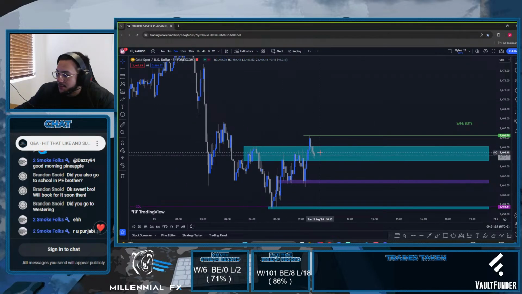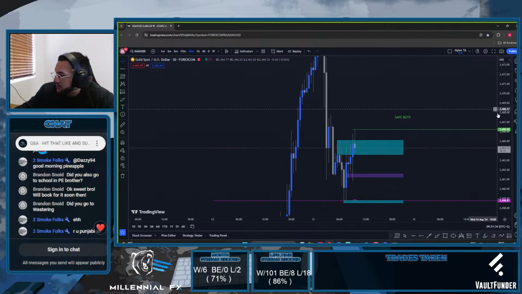But I would really like to see price reject this area so it can start popping up, because that will be an immediate trade for us.